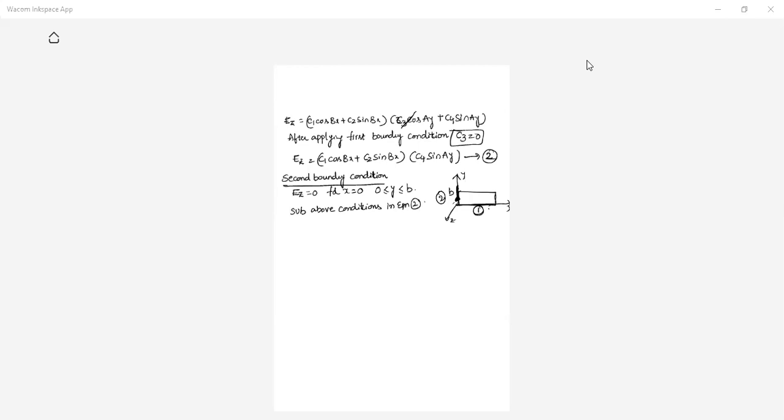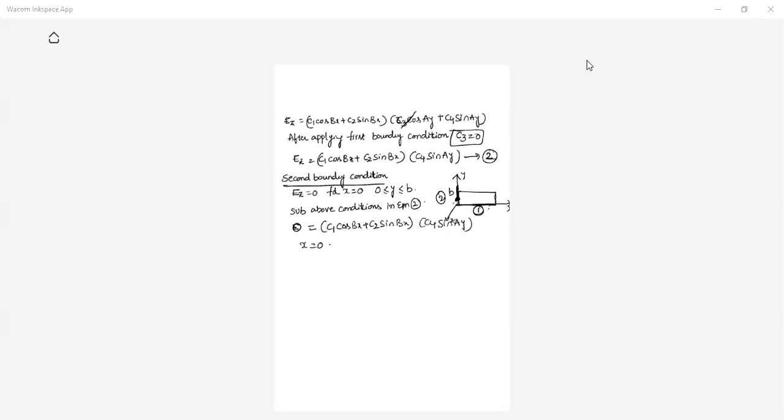Tell me quickly. X should be made 0. So Ez is equal to 0, is equal to C1 cos bx plus C2 sin bx into C4 sin ay. Now x is equal to 0.